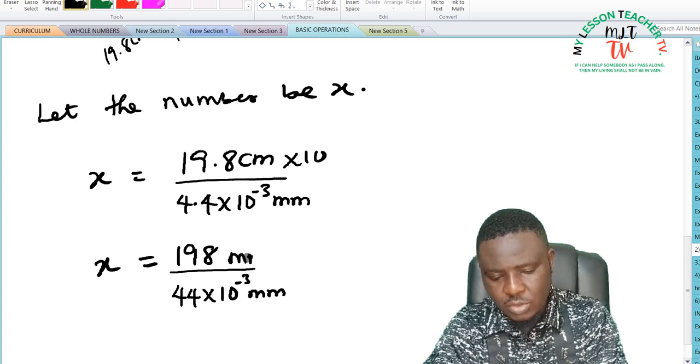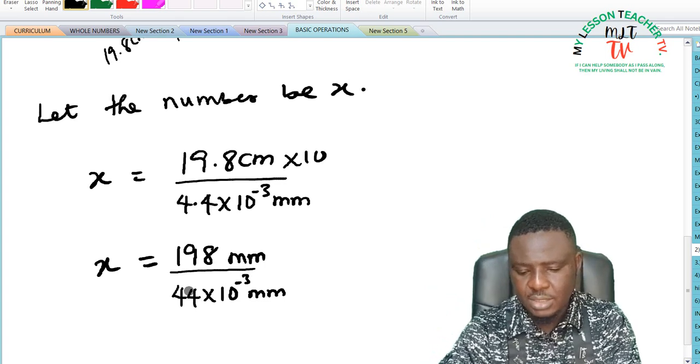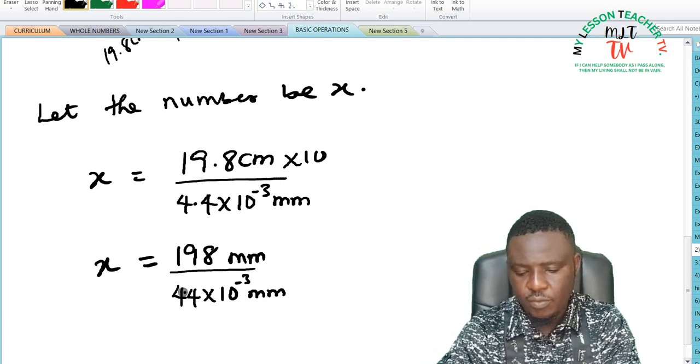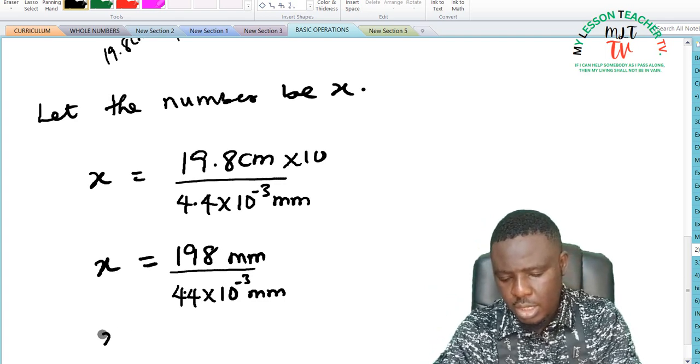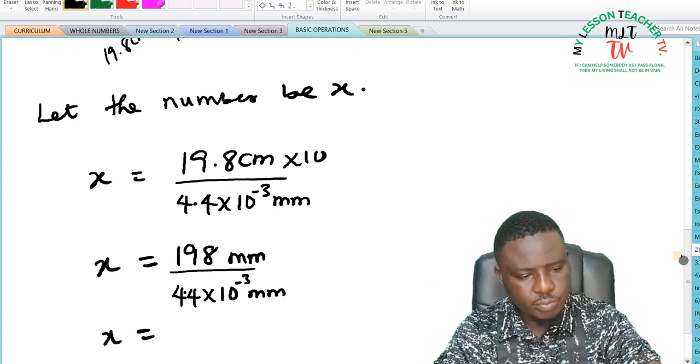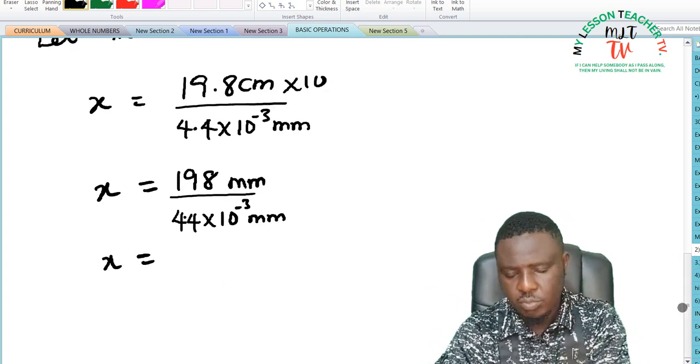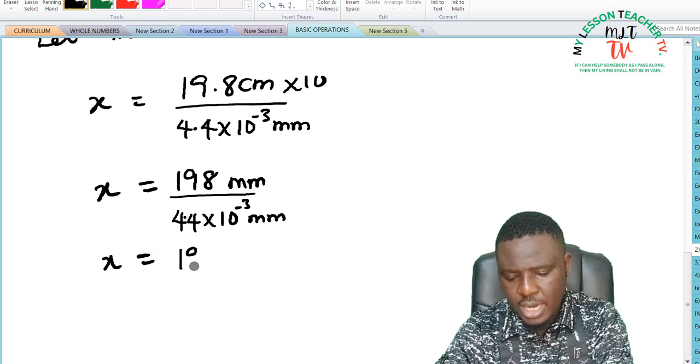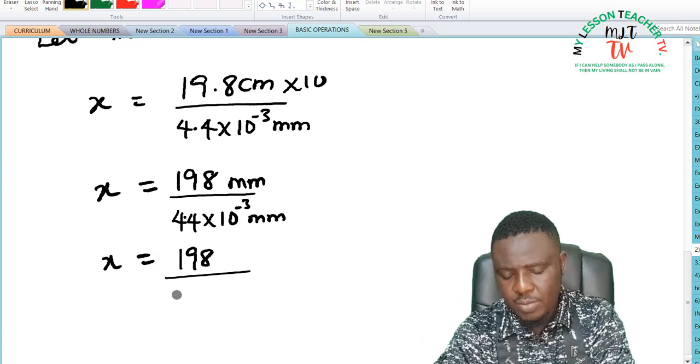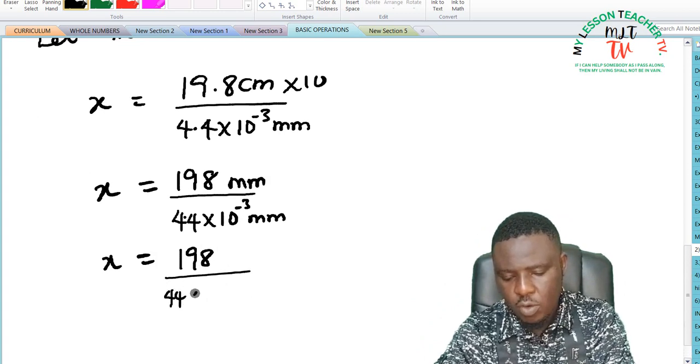So this is now said to be in millimeters. So this is 4.4. x is equal to 198 divided by 44 times 10 raised to the power of minus 4.